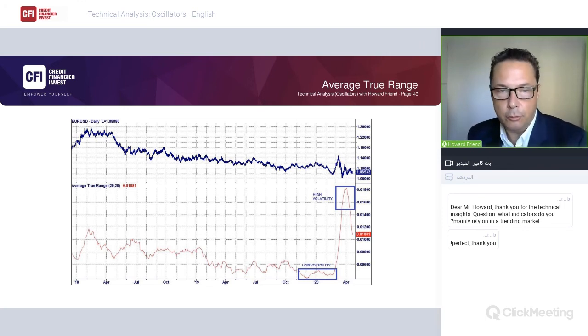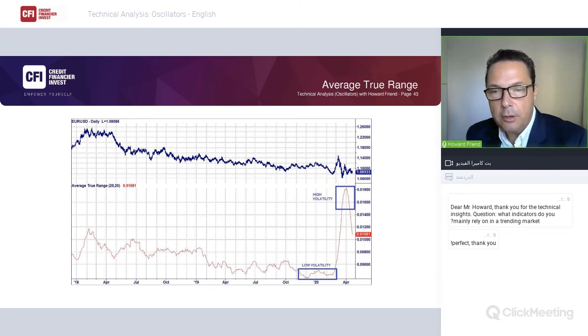The direction of the move, the fact that the daily ranges for euro dollar were getting smaller and smaller. So the average true range for euro dollar was trending lower. So in other words, if you're trading euro dollar, let's say you're a day trader, you want to use smaller and smaller stop losses when the volatility is falling.